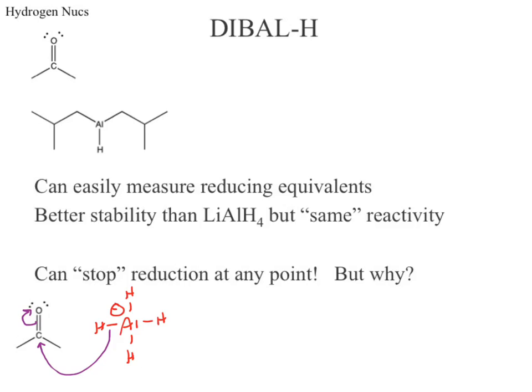Any guesses? How does it change? Nope. Hydrogen's got to stay attached. It's too unstable for it to float off on its own. The oxygen is going to attack the aluminum. Okay, why might it do that?